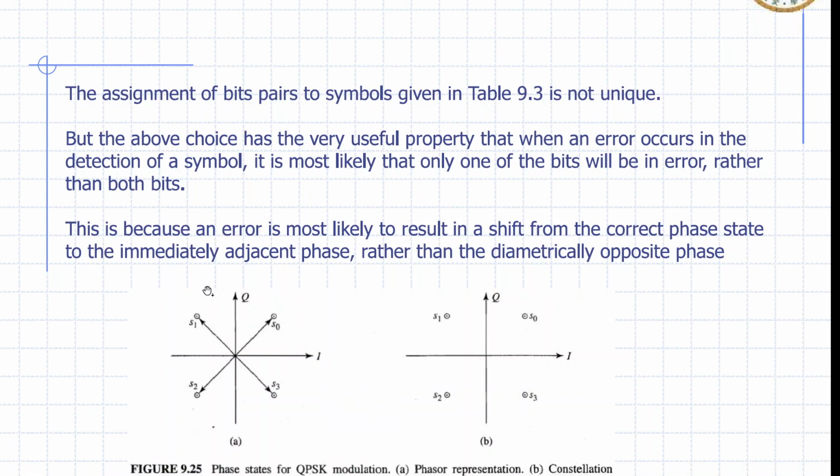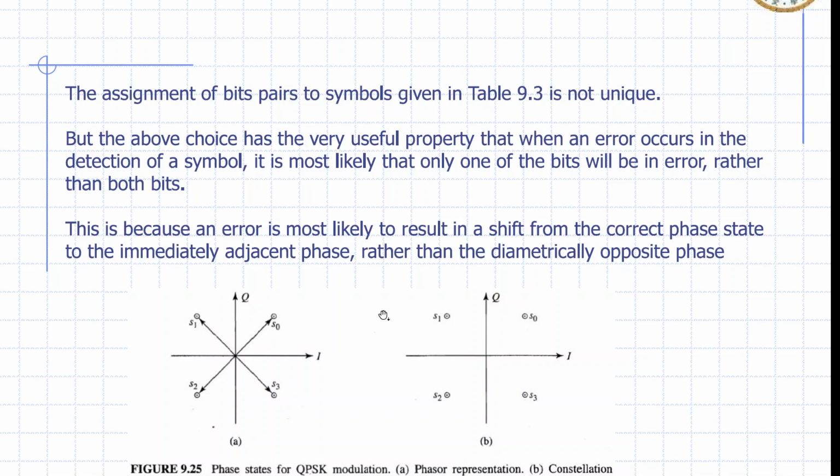So we can assign bits to these signals in any different way, but what we mostly use is a gray code assignment.